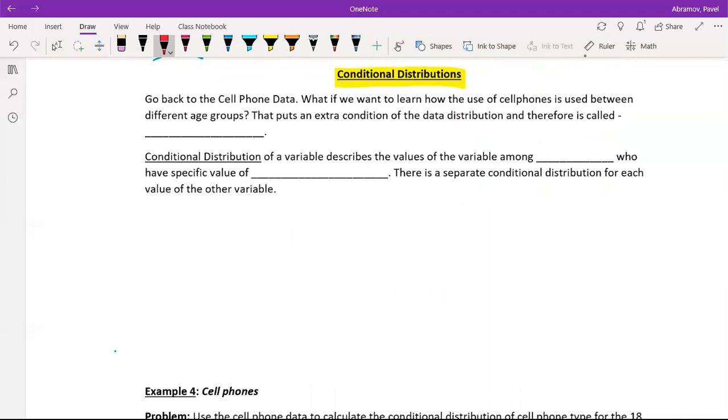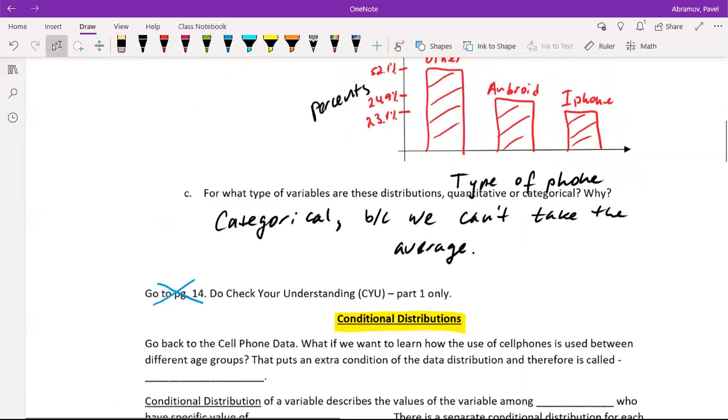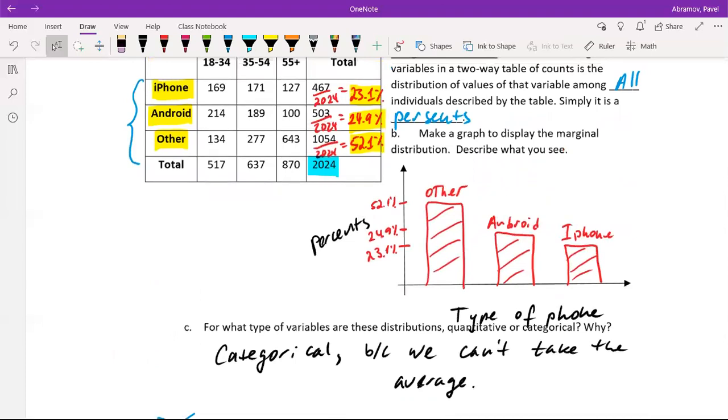So let's write down some definitions. If we go back to our example about cell phones, what if we wanted to learn how the use of cell phones is used between different age groups? Right now, the data that we have, these percentages, is purely for all of the people that were sampled, the percent of each type of phone, how it's distributed.